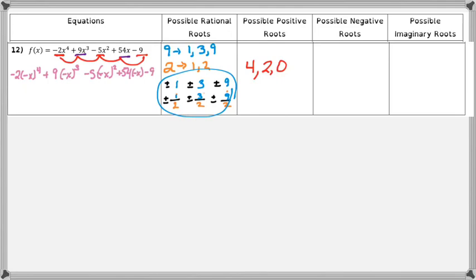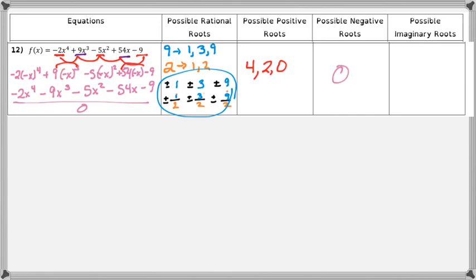And so all of my odd exponents are going to change the sign in front of them. And so I have negative 2x to the 4th minus 9x cubed minus 5x squared minus 54x minus 9. So there are no sign changes there. So the negative roots is 0.